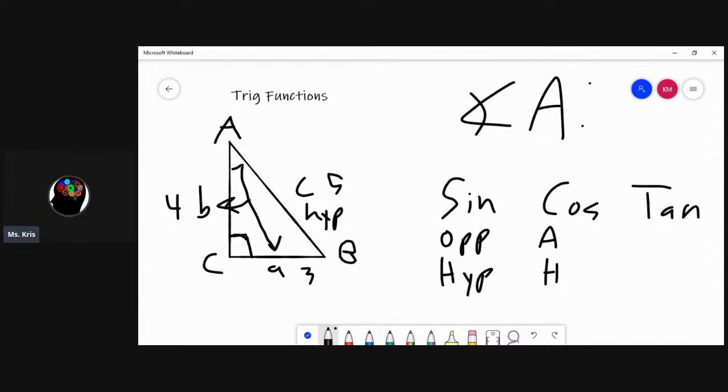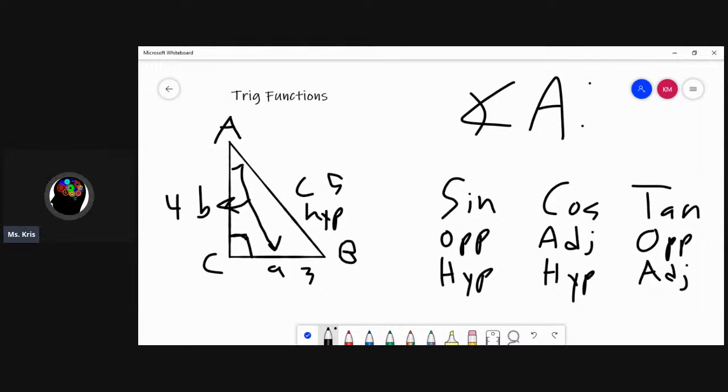Cosine represents CA, which is the adjacent over the hypotenuse. And of course, tan or the tangent represents opposite over adjacent, which is TOA. Put that together and you have SOH CAH TOA.